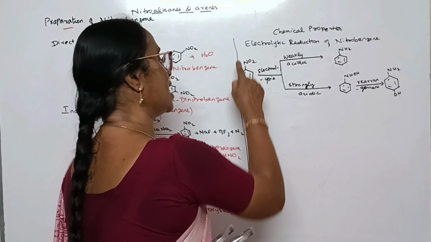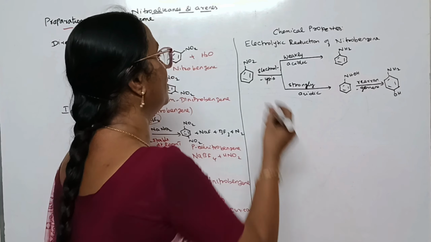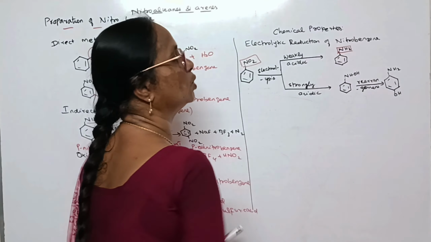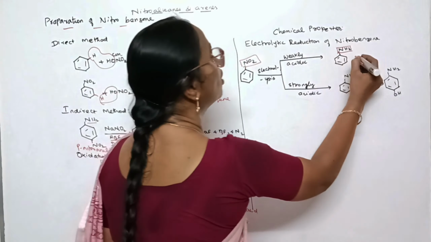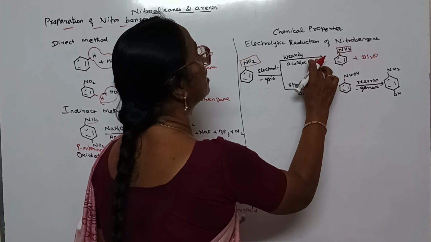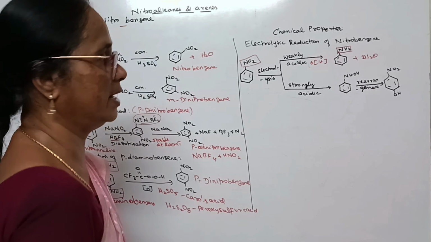So when nitrobenzene is electrolyzed in a weakly acidic medium, the NO2 group is converted into NH2. So the reduction takes place, and both oxygens are removed as 2 molecules of water. This reaction involves 6 atoms of nascent hydrogen.